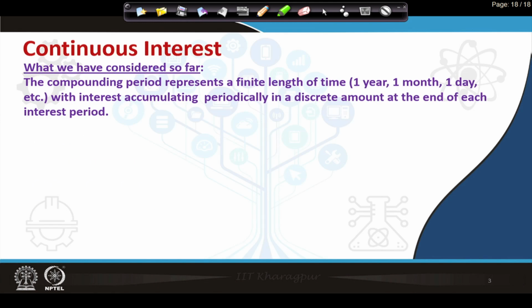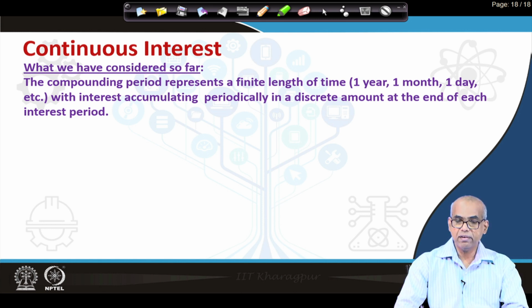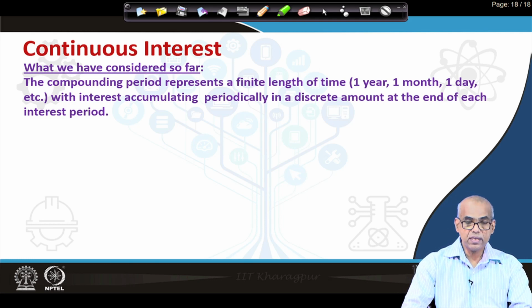Now, as of now, what we have considered is as follows. The compounding period represents a finite length of time, 1 year, 1 month, 1 day, etc., with interest accumulating periodically in a discrete amount at the end of each interest period.